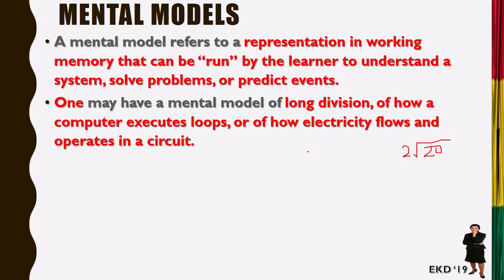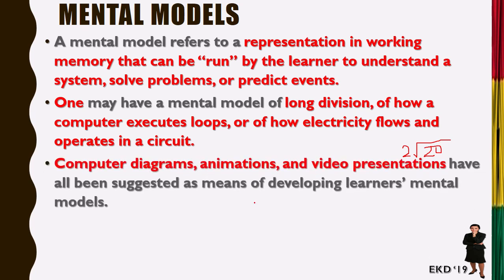Now, how a computer executes loops, how electricity flows. All these things, when I mention them, you have a mental picture of the whole thing. So, you need to help students create a mental picture.